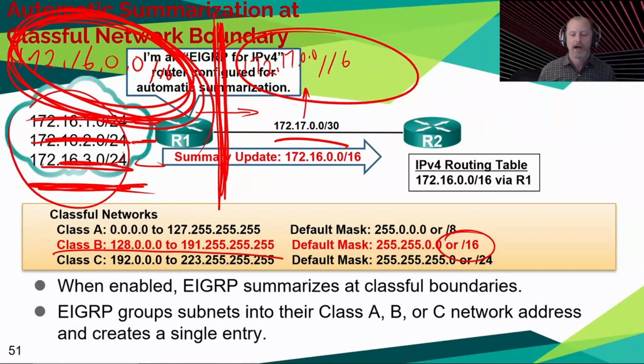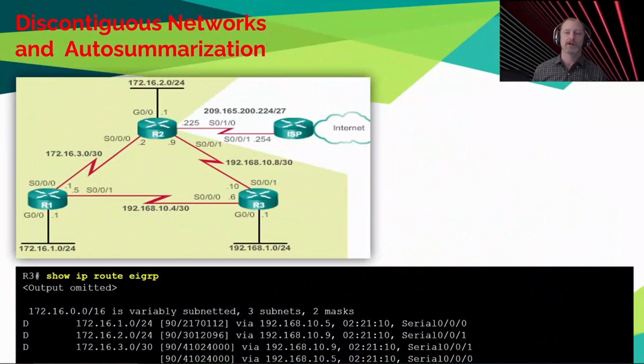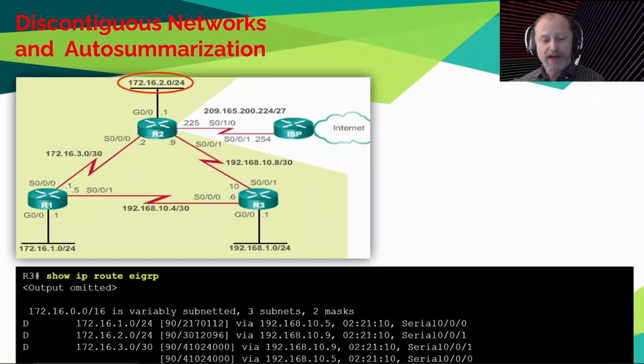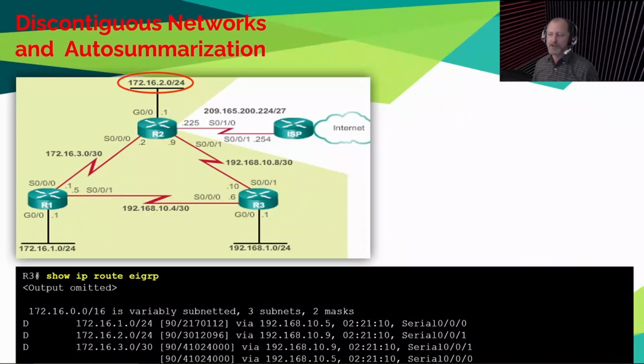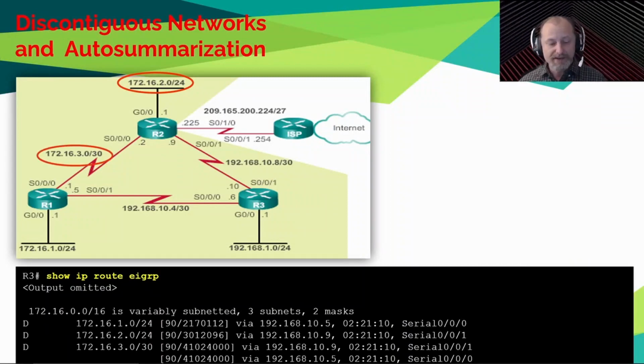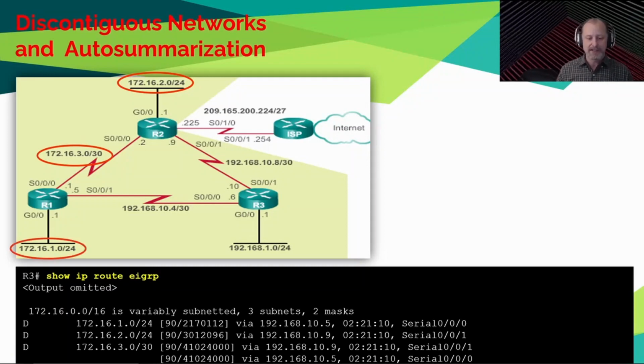So what does that mean if you have a discontiguous network with auto summarization turned on? Okay, so we've got this 172.16.2.0/24 at the top, 172.16.3.0/30 on the left, 172.16.1.0.